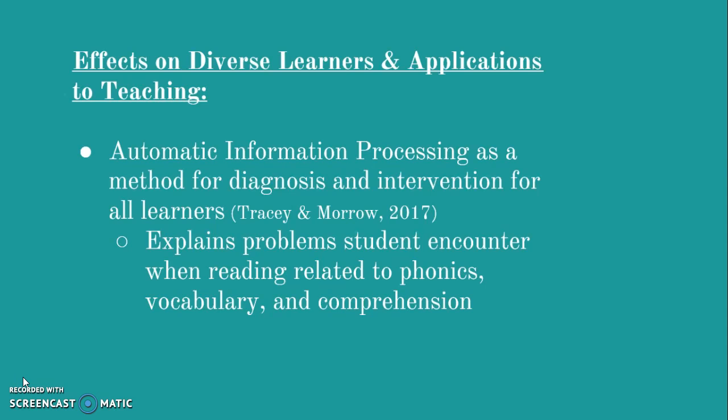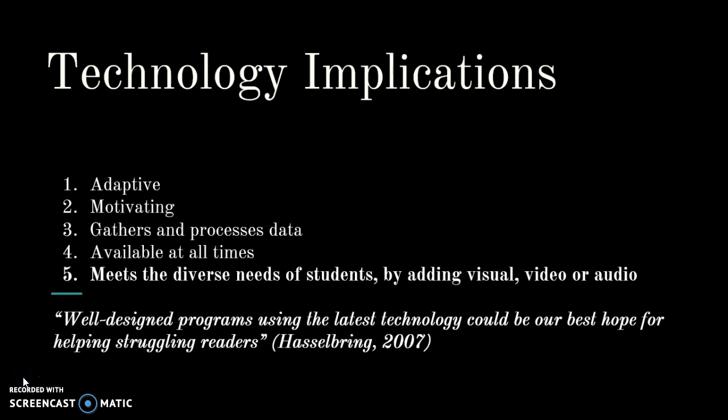A student may also struggle with comprehension issues related to vocabulary. This can be due to Tier 1, Tier 2, or Tier 3 vocabulary, which in turn affects comprehension of the text.